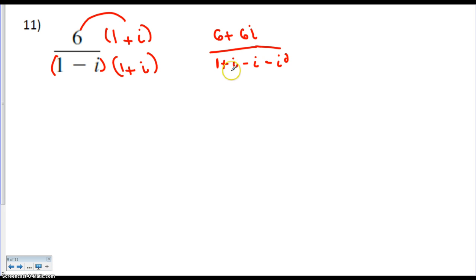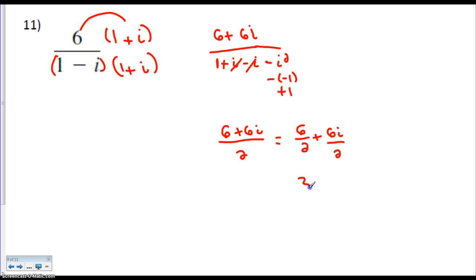So first thing I know is that the i's cancel out in the middle, and I have minus negative 1, which makes it a plus 1. So right now I have 6 plus 6i all over 2. So I'm going to take the 6 over 2, and I'm going to take the 6i and divide it by 2. And I end up with 3 plus 3i.